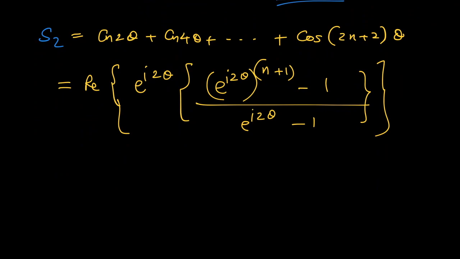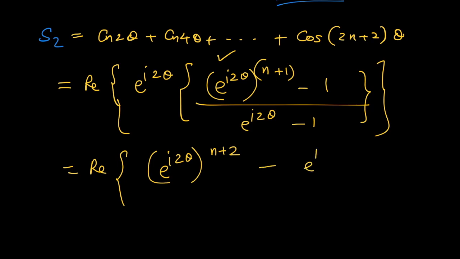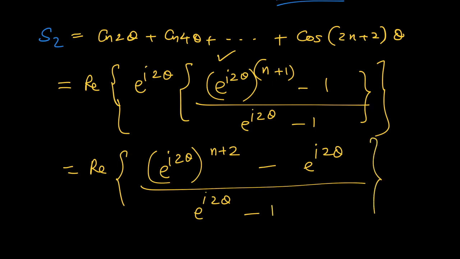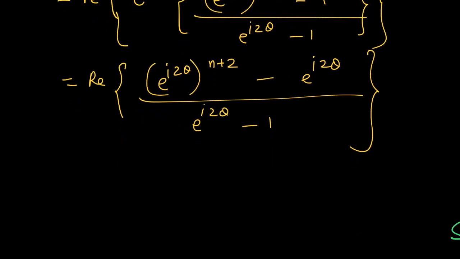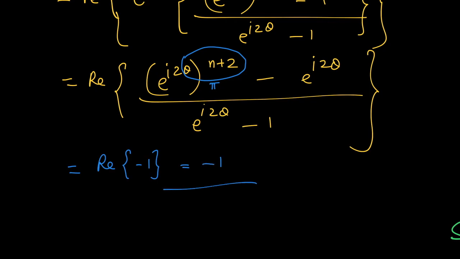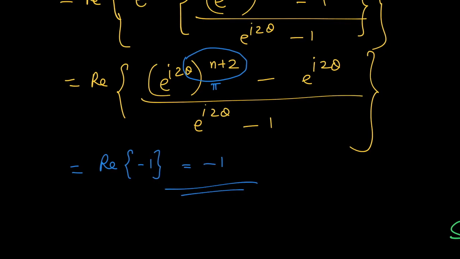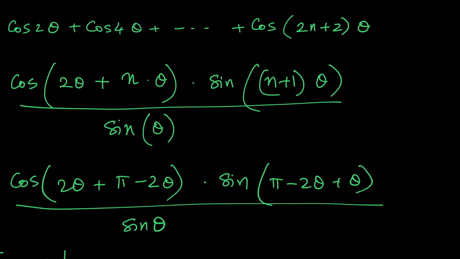So you take e raised to i 2 theta into this bracket. So this becomes real part of e raised to i 2 theta raised to n plus 2 minus e raised to i 2 theta, divided by e raised to i 2 theta minus 1. Again, we know theta times n plus 2 is pi. So this becomes e raised to i 2 pi, which is 1. So this is again real part of minus 1, which is minus 1. So this way also you can do it, and go back and substitute the values of S1 and S2.